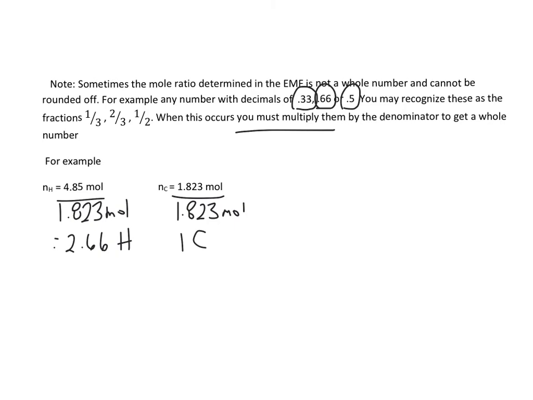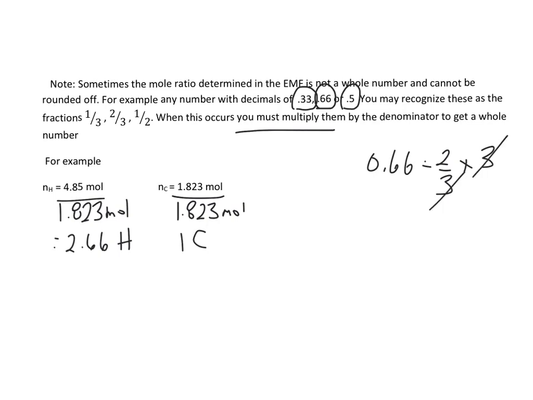So this means 2.66 hydrogens for every 1 carbon. Well, you can't have 2/3 of a hydrogen atom. So what you do, 0.66 is the same thing as 2/3. So if we multiply by 3, we get rid of the fraction.